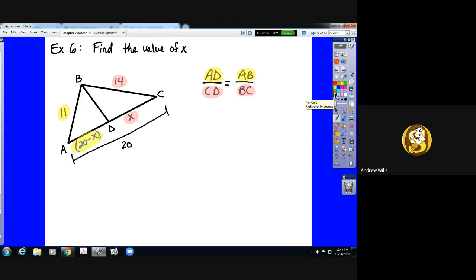Go in and plug in those side lengths as they are given. So AD is 20 minus X, CD is X, AB is 11, BC is 14. Then from there, it's just cross multiply and solve. So please finish this problem and tell me the value of X in the chat.